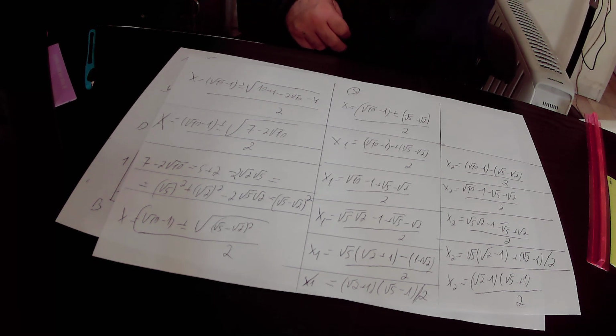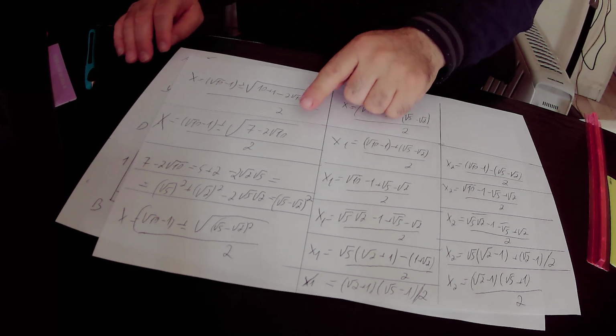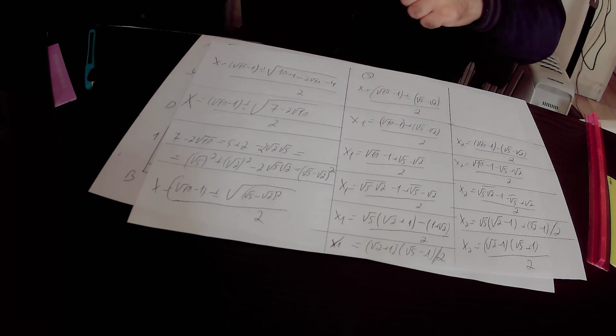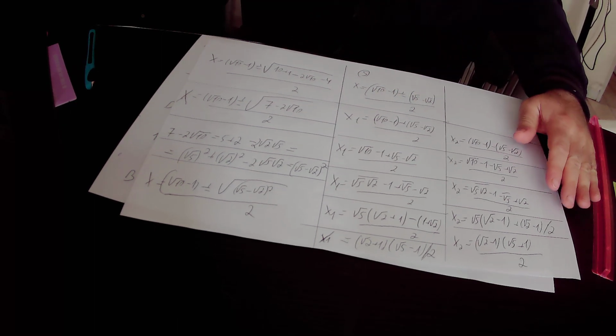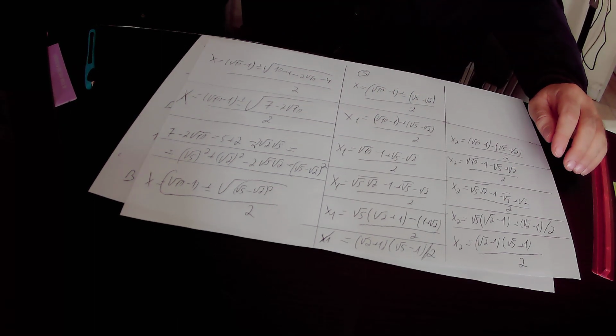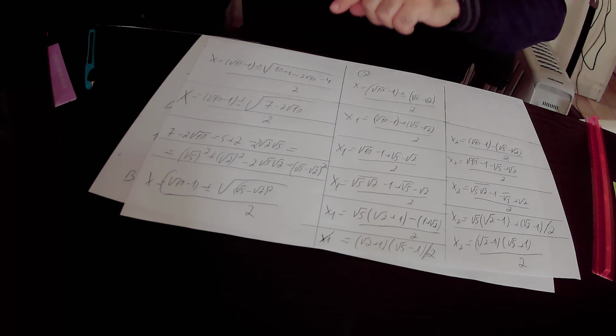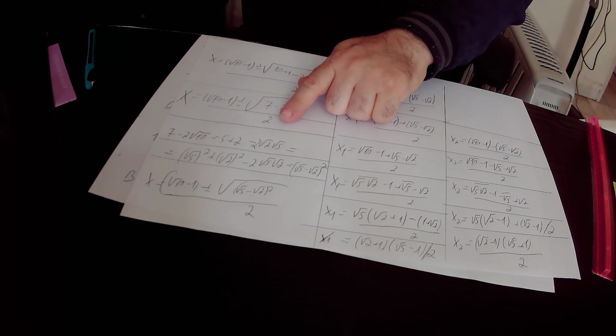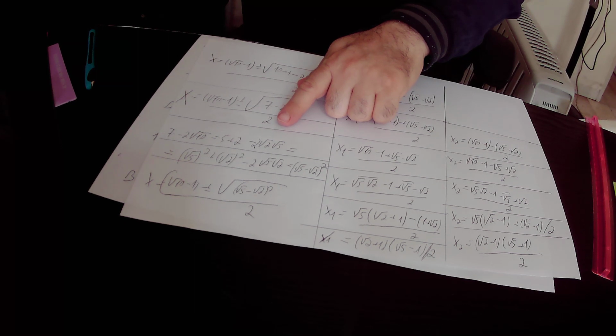And what is the value of this expression that is inside the root? The value of 7 minus 2 times square root of 10 is actually 5 plus 2. 5 plus 2 equals 7, so we substituted 7 by 5 plus 2, and then we substituted square root of 10 by square root of 2 times square root of 5.